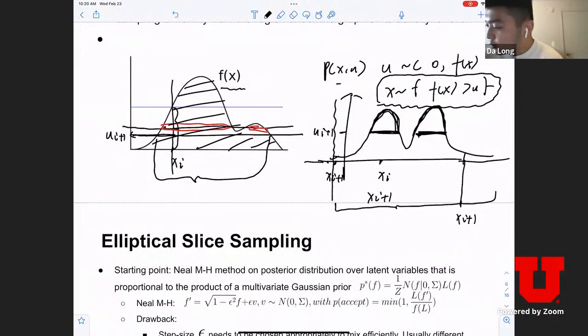Okay, so we get the second candidate, but it's not valid. So we need to do the shrinkage again. So we just discard the region between the last sample xi and we just discard the region after the xi plus 1. So the remaining valid sample area is this part.